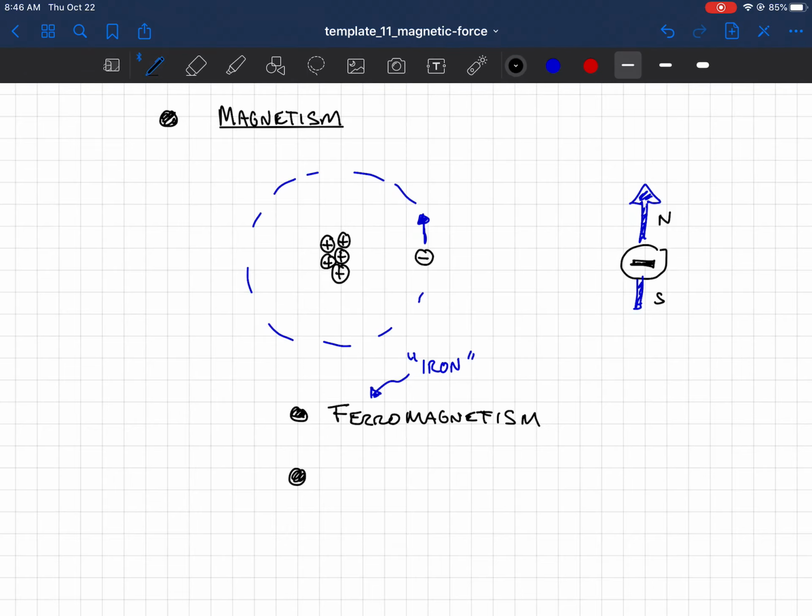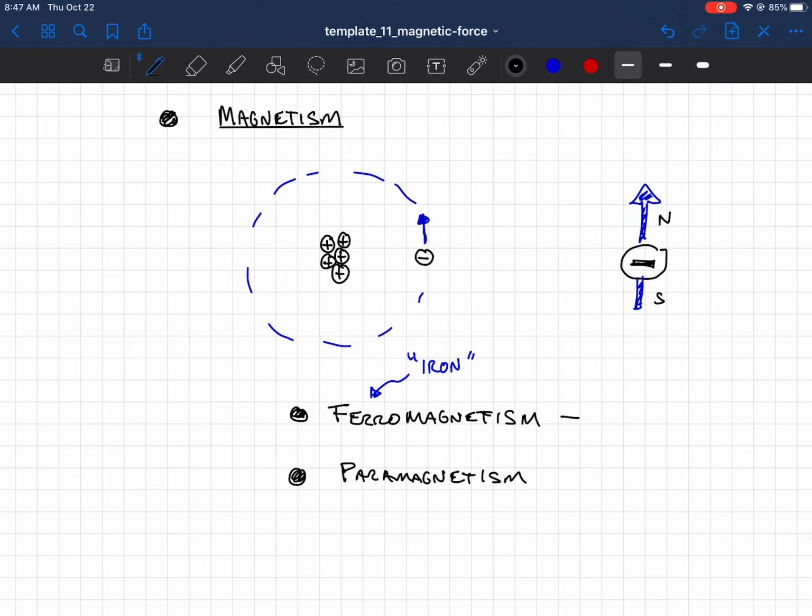There's something called paramagnetism, which is the ability of a material to get a magnetic field in it when it is exposed to an external magnetic field.